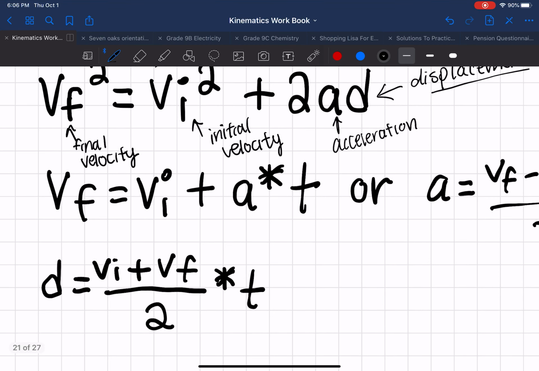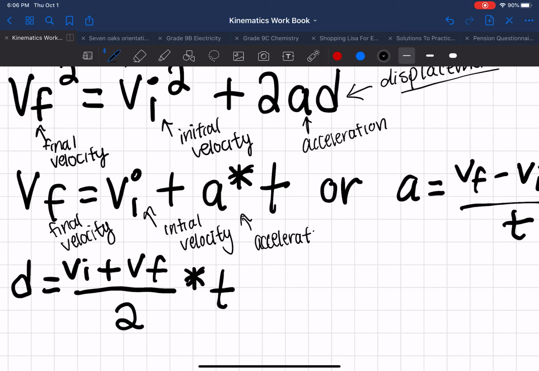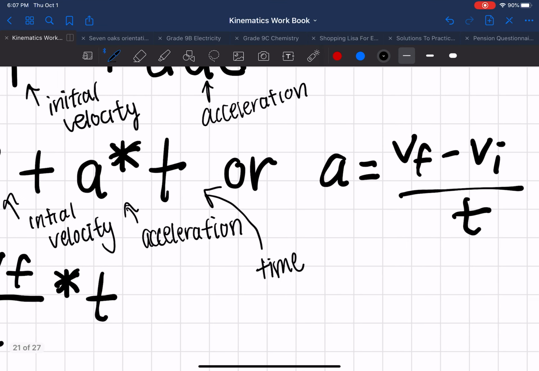And then in the next formula, we have final velocity, and notice how this one is not squared. This is initial velocity, acceleration, and time. This equation is actually rearranged and found like this in your formula worksheet, but they're both the same.